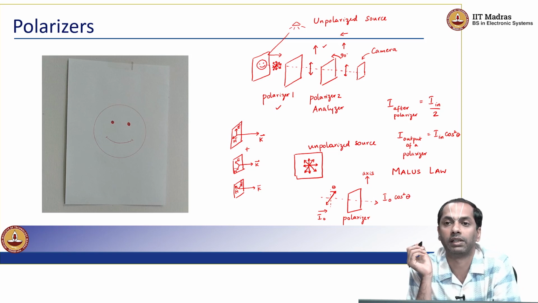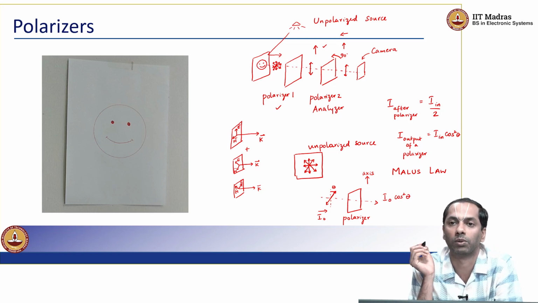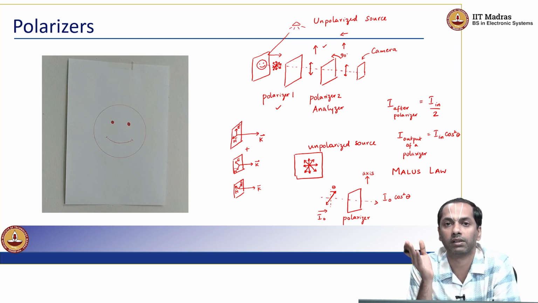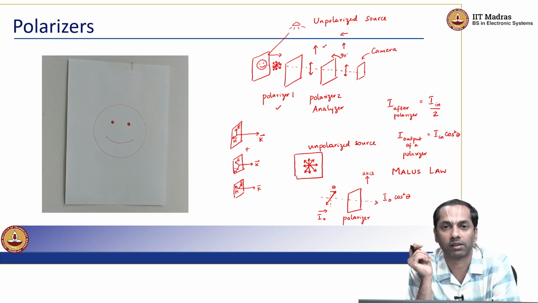So, the intensity that comes at the output of the polarizer is cosine square theta, where theta is the angle between the linear polarization of the input and the optical axis.